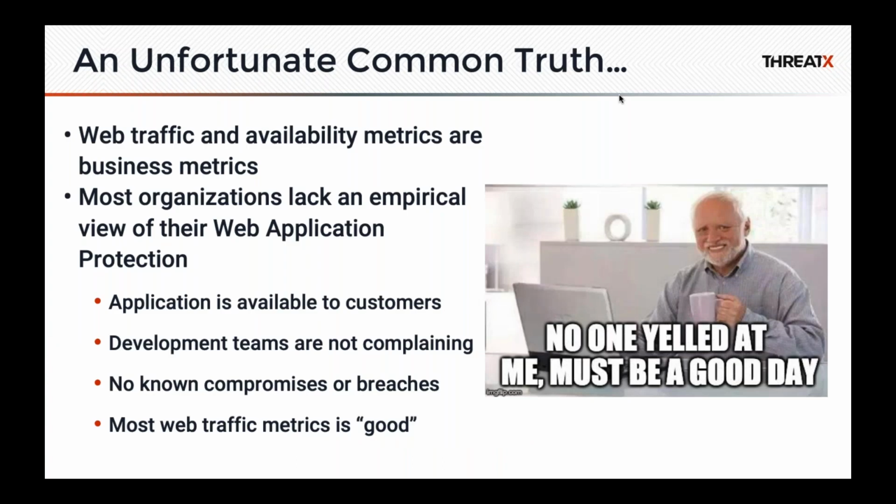Now, here's what I believe is reality in many enterprises. High web application availability and traffic correlate to positive business metrics, and that's really good. So it's incredibly important that availability is high and there are sufficient resources for all that good traffic to interact well with the application.